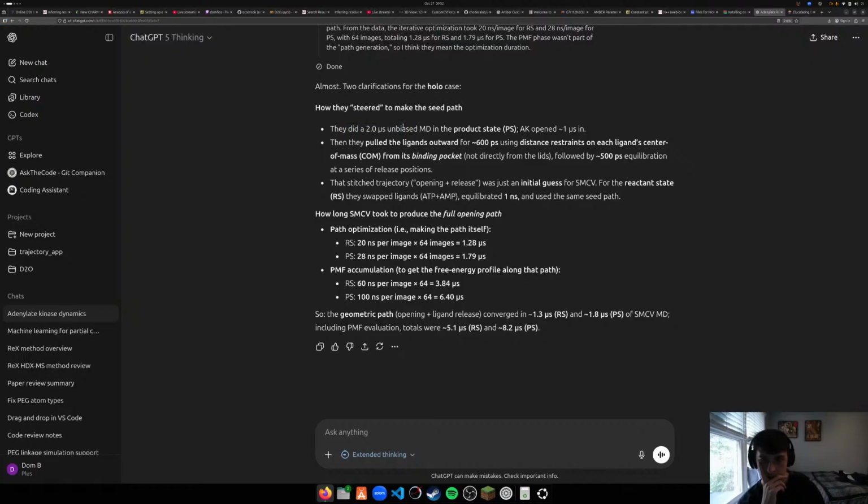They steered to make the seed path. What is a seed path? They did a 2 microsecond unbiased product state, which opened 1 microsecond in. They then pulled the ligands outward using distance constraints on each ligand center of mass from its binding pocket, not directly from the lids. That stitched trajectory was an initial guess of the reactant state.